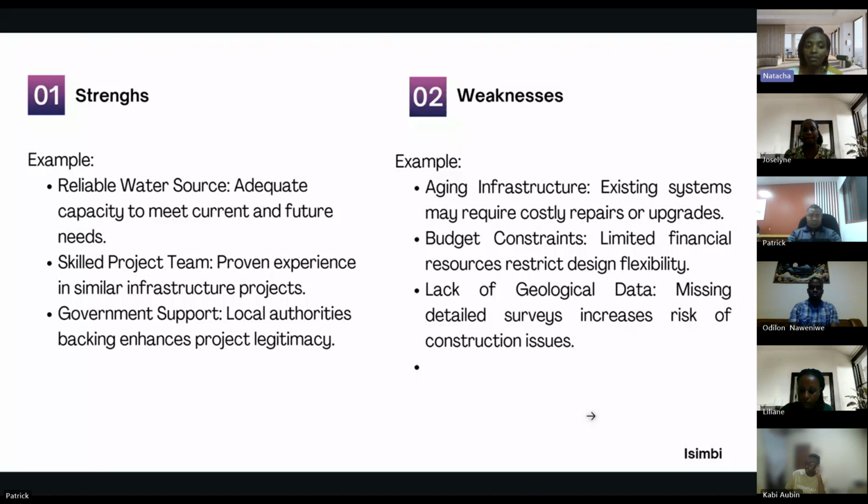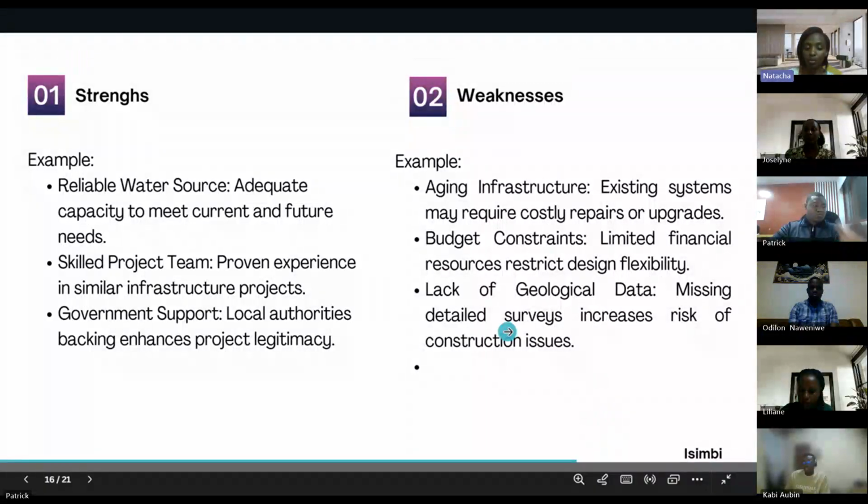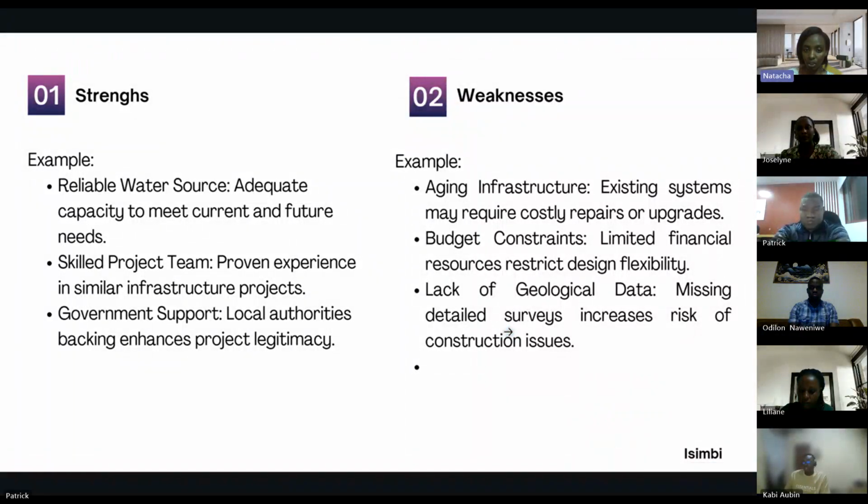Examples are reliable water sources, skilled personnel in our project, and government support. The weaknesses are the factors that hinder our project. Examples are aging infrastructure, budget constraints, and lack of geological data.